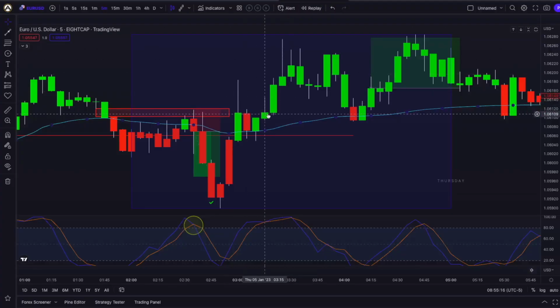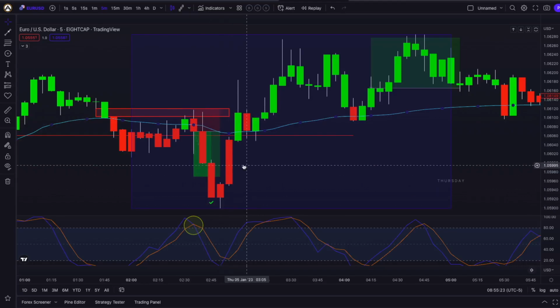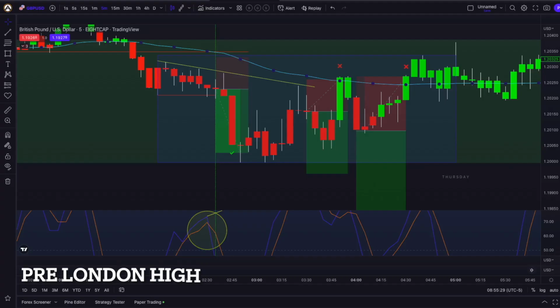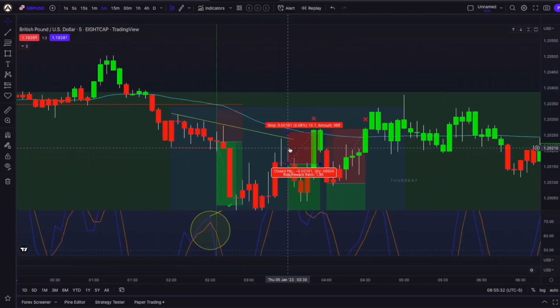But on the Euro US dollar chart, if we check at 3:15 AM, we already made back this whole move to the downside. We actually wicked up almost above our pre-Asia high, which relative to the pound US dollar is a pretty far move.